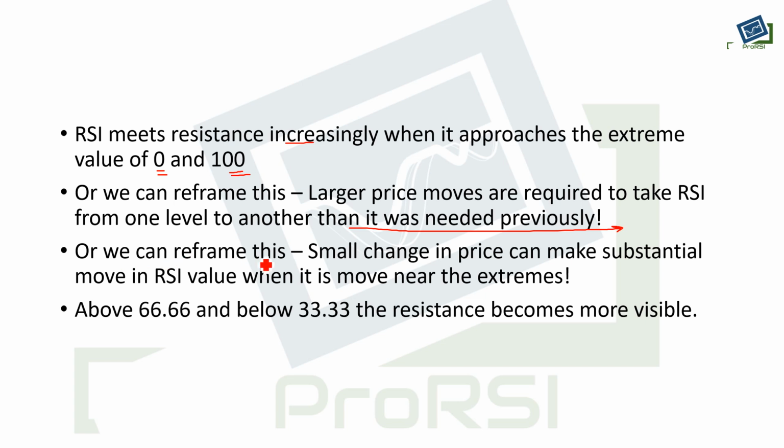Or we can reframe it like this: a small change in price can make a substantial move in RSI when it moves near the extremes. So above 66.66 and below 33.33, the resistance becomes more visible. Just look at this chart.